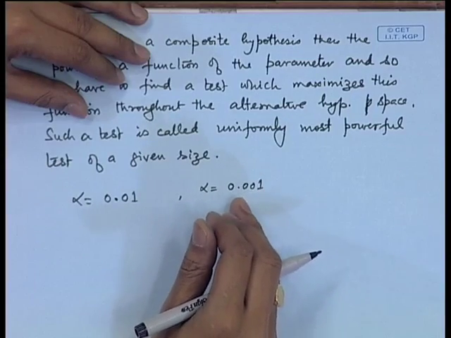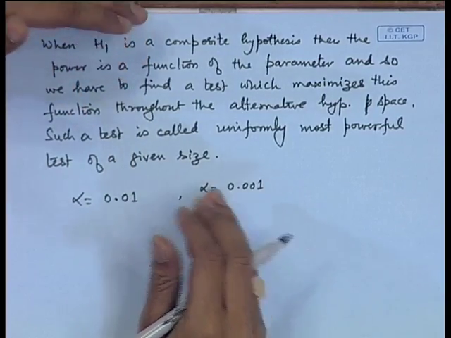So, in that case we will like to find a most powerful test such that the probability of type 2 error is the smallest.